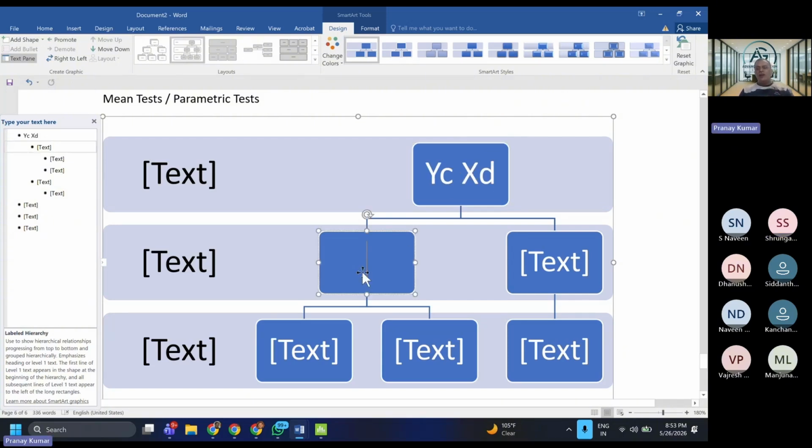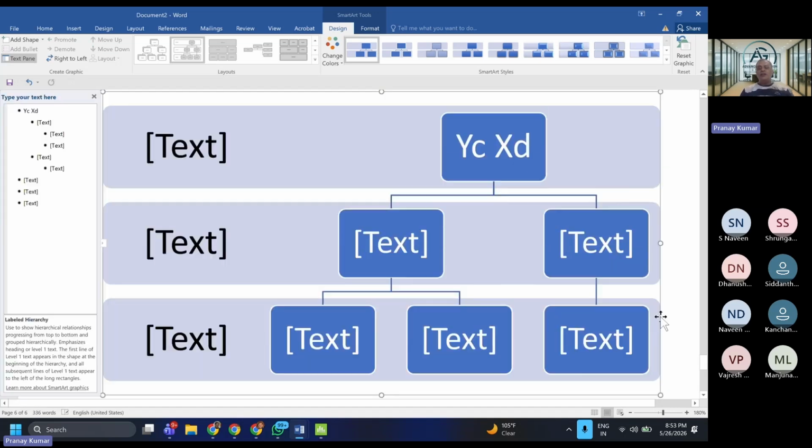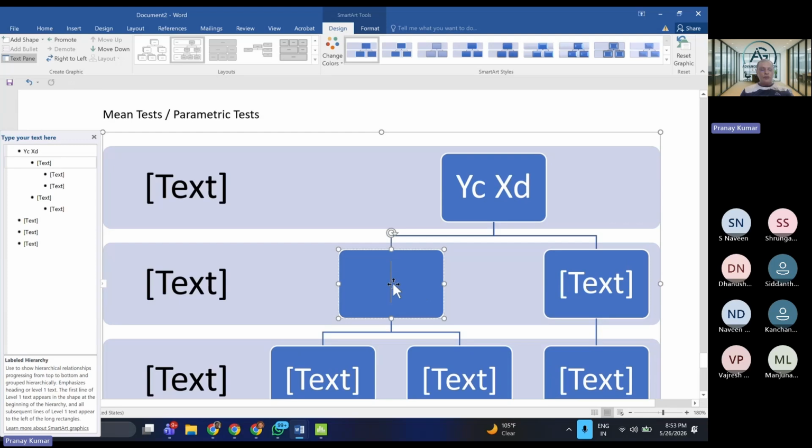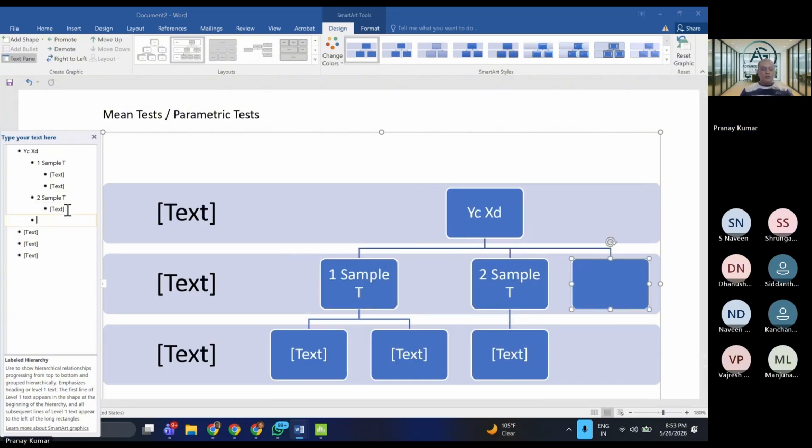So in the Y continuous, X discrete category, we are looking at three basic tests. One is referred to as one sample T, another as two sample T, another as one-way ANOVA. Is this all? No, this is not.